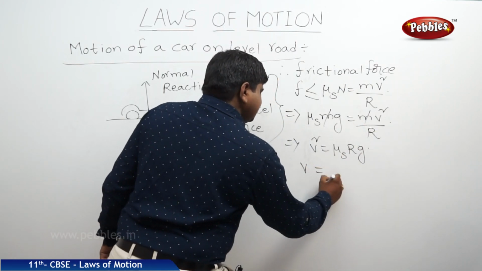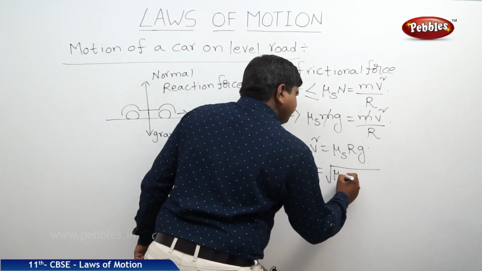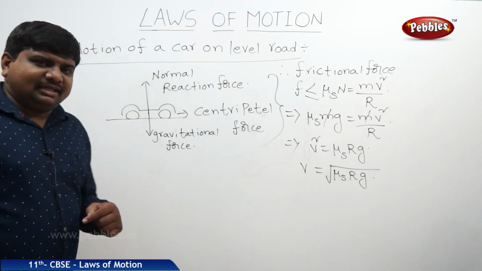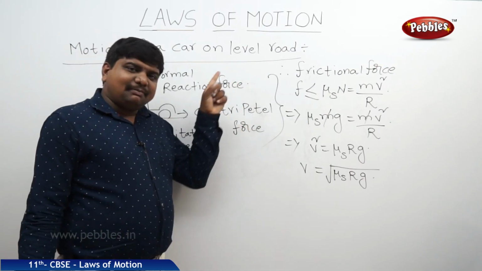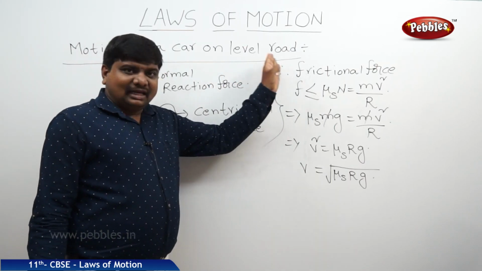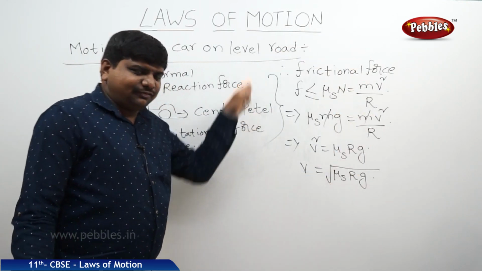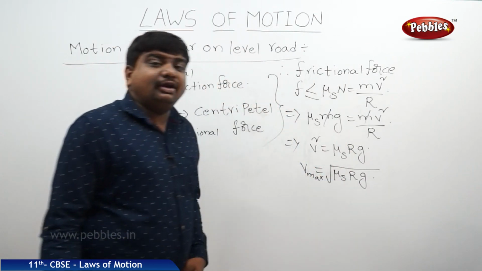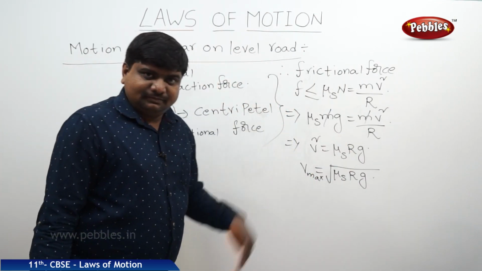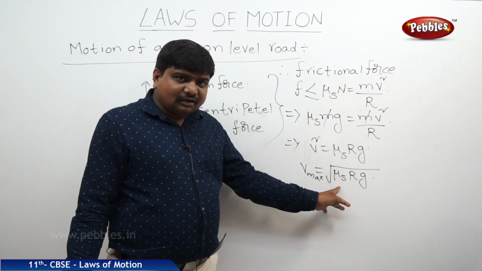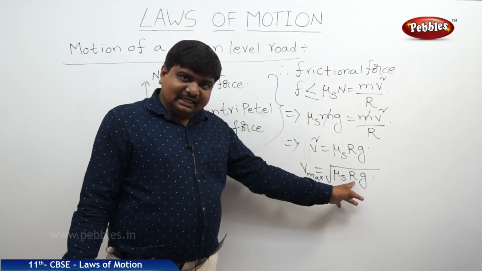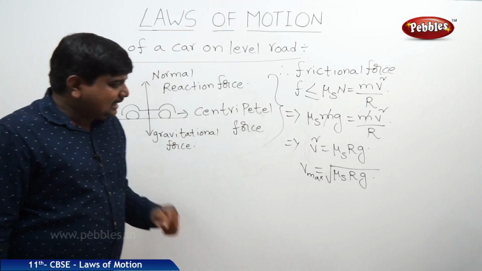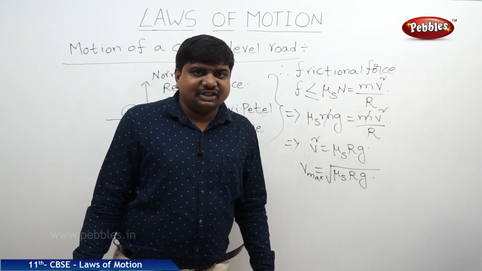Therefore v is equal to square root of mu s rg. The maximum velocity that should be maintained by these types of vehicles to move on a level road to balance all these forces is V max equal to square root of mu s rg, where mu s is the static frictional coefficient, r is the radius of the circular path covered by the wheels of the vehicle, and g is acceleration due to gravity.